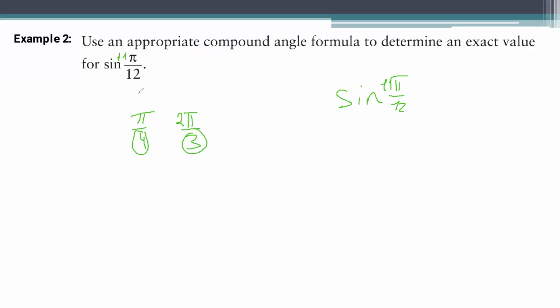Pi over 4 is 45 degrees, pi over 3 is 60 degrees, right?